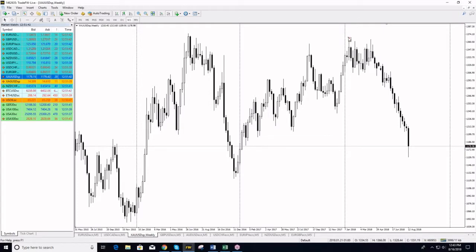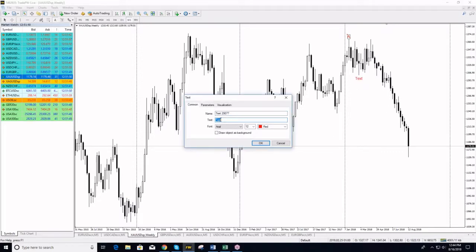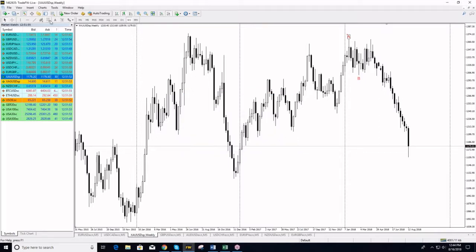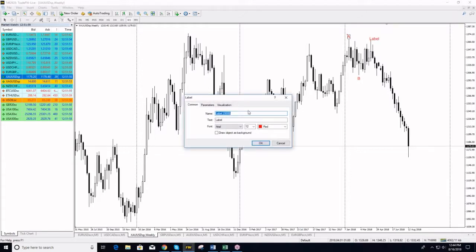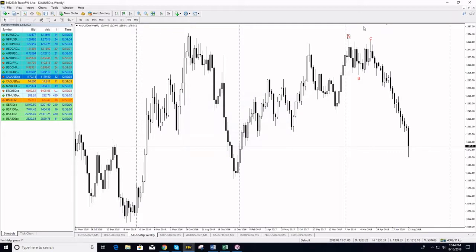This is top A. That's the B level, the support. And that's the C level. And as you can observe, A and C are approximately at the same level.